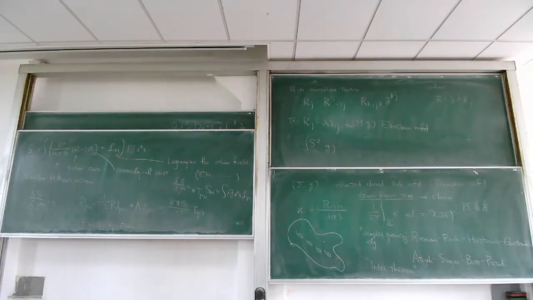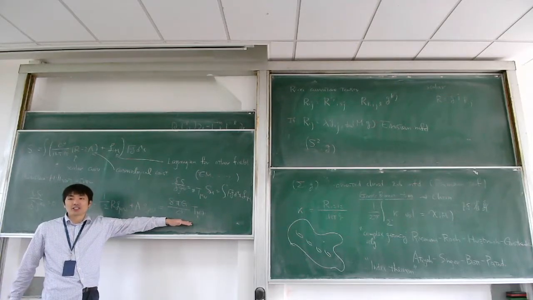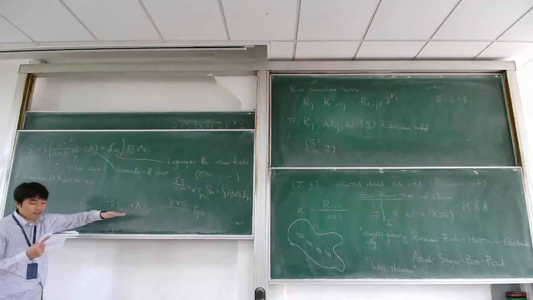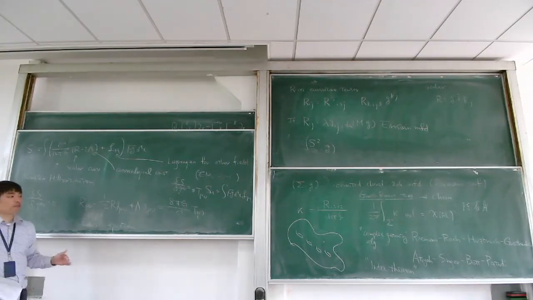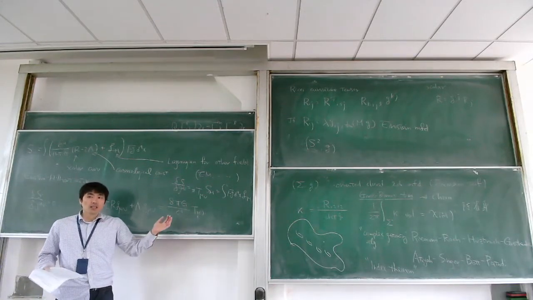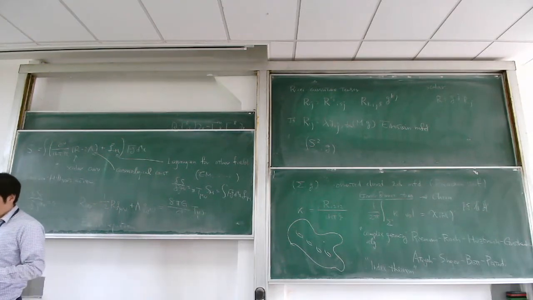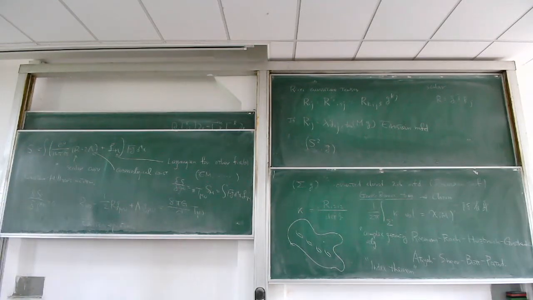So this is what it means: the right-hand side is the stress energy tensor, and the left-hand side is the information about the curvature of spacetime. Therefore, this equation means that the stress energy tensor determines the curvature of spacetime, roughly speaking.